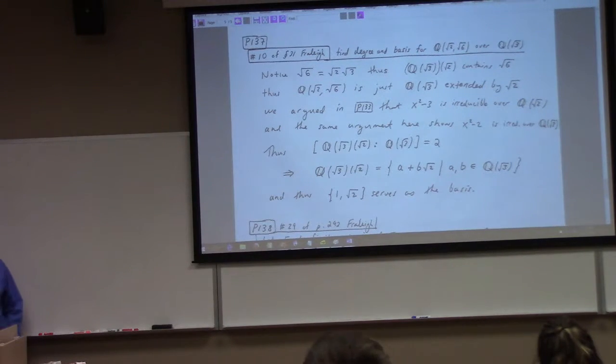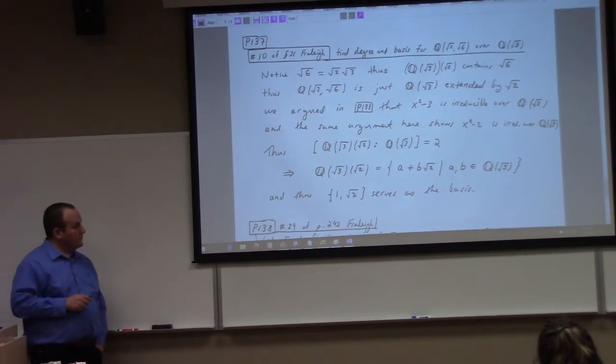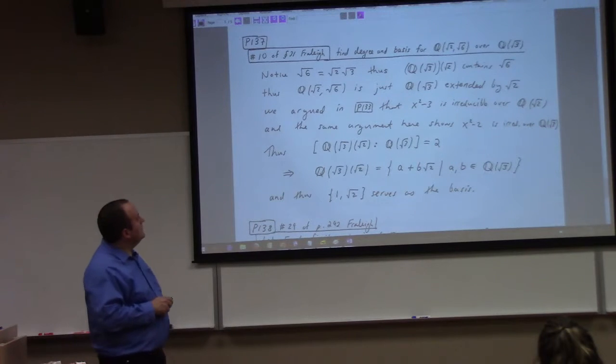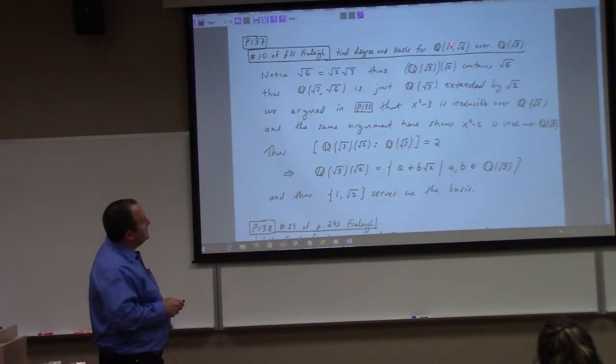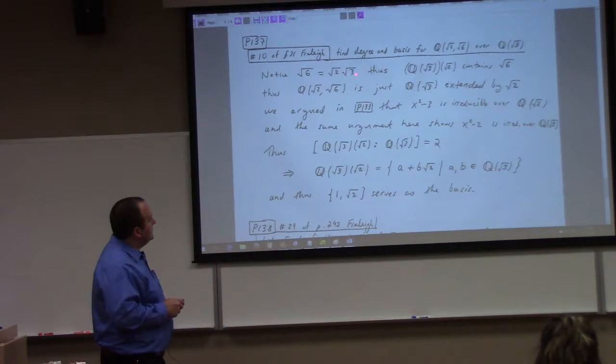Number 10. What do I got here? Find the degree and basis for Q adjoining square root of 2 adjoining square root of 6 over Q adjoining square root of 3. Let's see here. I said square root of 6 is the square root of 2 times the square root of 3. Thus, Q adjoining square root of 3 adjoining square root of 2 contains the square root of 6.